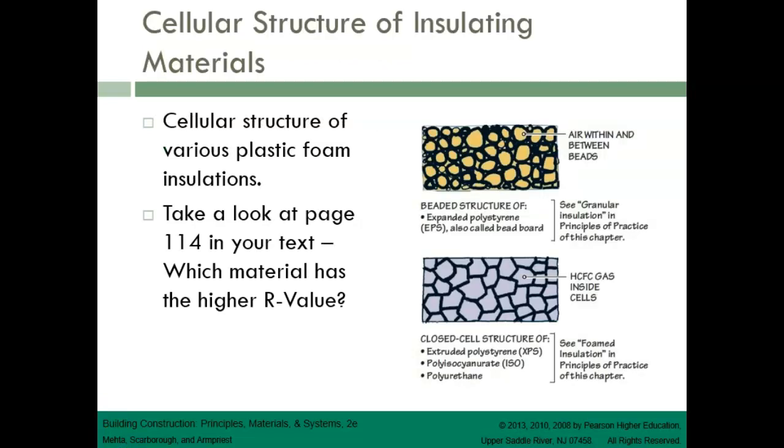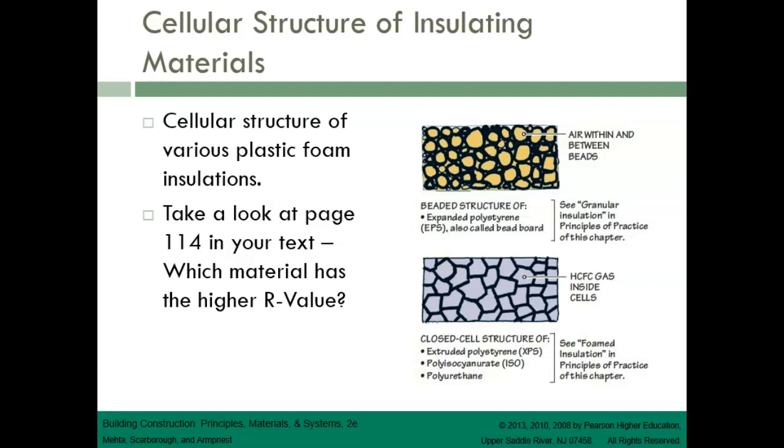Looking at two different types of rigid board insulation, the first, expanded polystyrene, or EPS, is also called beadboard. Expanded polystyrene is little beads that contain air, whereas closed cell polystyrene, or XPS, or polyisocyanurate, ISO, have cells that contain gas.